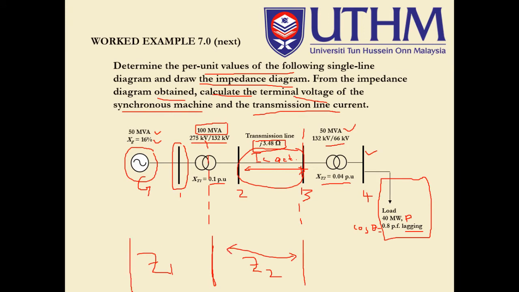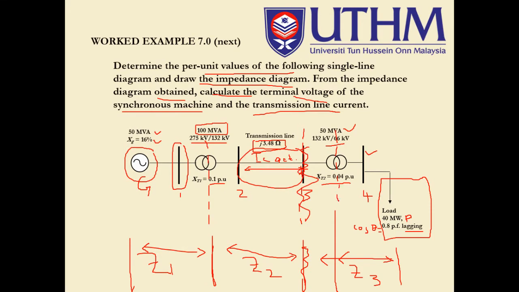So zone number 1 is between the generator and the first transformer. Between transformer number 1 up to transformer number 2, we consider this as zone 2. Then zone number 3 covers the area between, sorry, this is not here, but this one is here. So never mind, here to here actually. This is number 3.